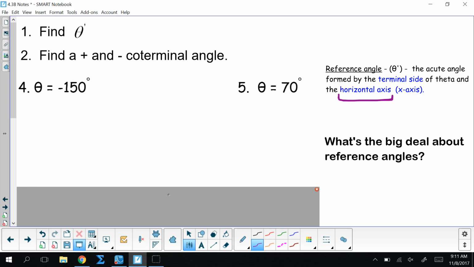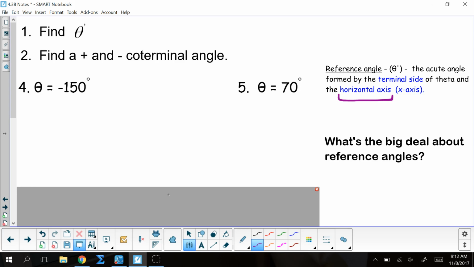That's the nice thing about reference angles, is that everything's positive if it's an acute angle. When you get into quadrant 2, only the sine is positive. In quadrant 3, only the tangent is positive. In quadrant 4, only the cosine is positive. Okay? Everything else is negative.